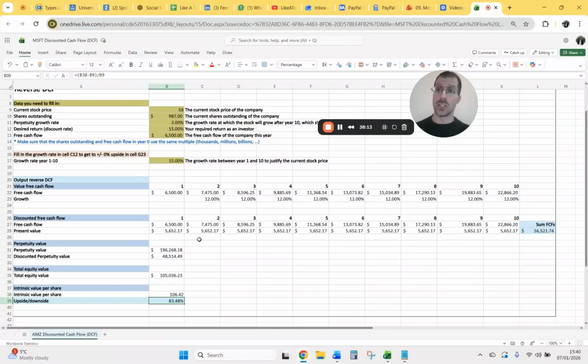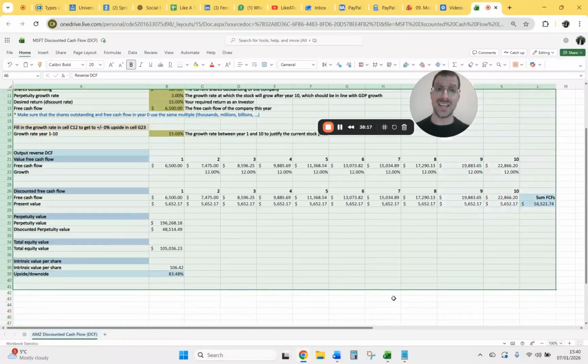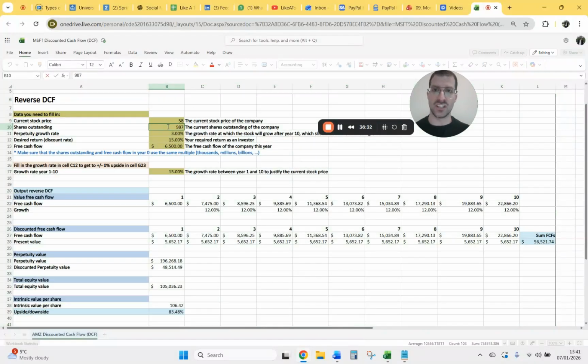And by the way, don't forget that this model doesn't even account for what? Buybacks. Okay? Because buybacks are a way for the company to deliver value to shareholders, right? After all, they will decrease the number of shares outstanding as well, and that, of course, will increase the per share value over time.